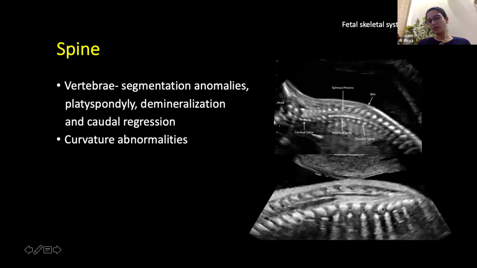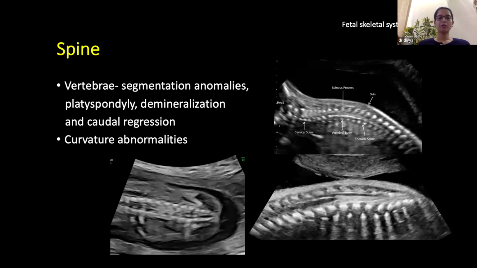Also, we can appreciate this normal sacral tapering, and the sacral vertebrae extend in between the iliac blades. So presence of the ossification center of the sacral vertebral bodies between the iliac blades helps us in ruling out things like caudal regression syndrome. The coronal plane of the lumbosacral spine, as you see here, is good to rule out curvature abnormalities, especially scoliosis.